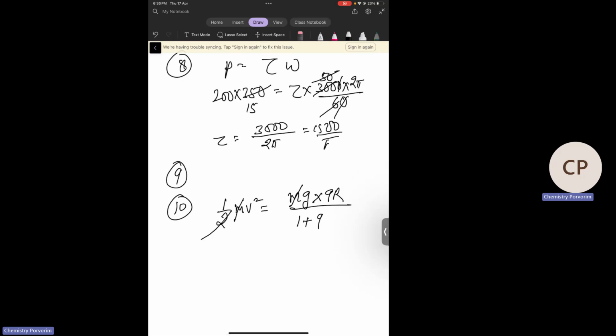This is 10 to 5. v square is equal to under root g, around 10. 9 r, r is 6400 kilometer, upon 5.